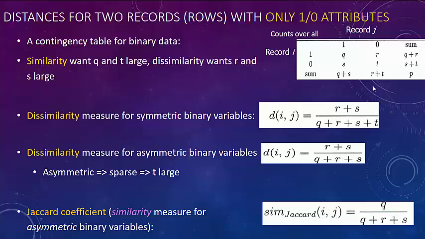And so a measure that gets rid of that T, because otherwise everything would be small, becomes just the differences divided by the same plus the 1s and 0,0 measures, and so this becomes a dissimilarity measure. A similarity measure now takes this Q, namely when both are 1, and divides by all the others. And this turns out to be a very common measure called the Jaccard coefficient.